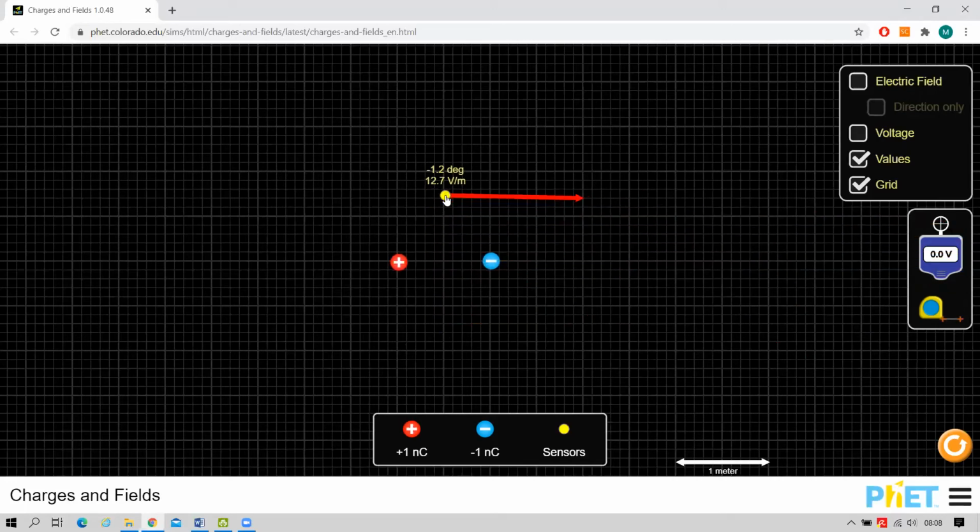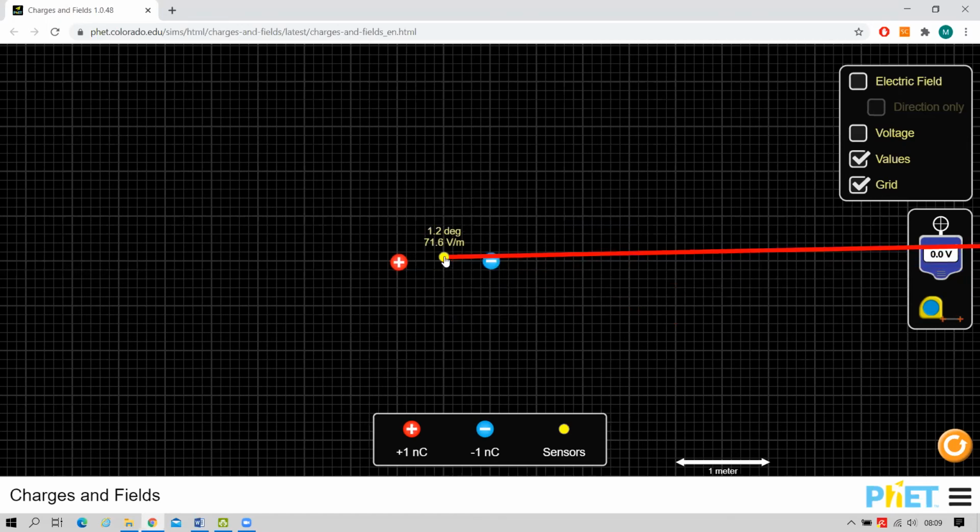This is your y-axis because it's bisecting the line that connects the two charges. Bisecting means just cutting in half. So the report asks you how the electric field changes, both in direction and magnitude, as you move along the y-axis.